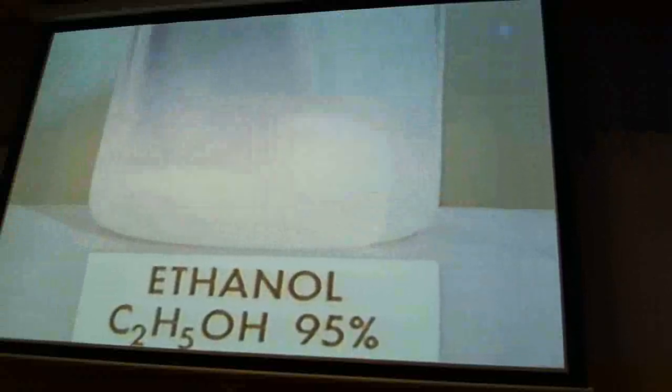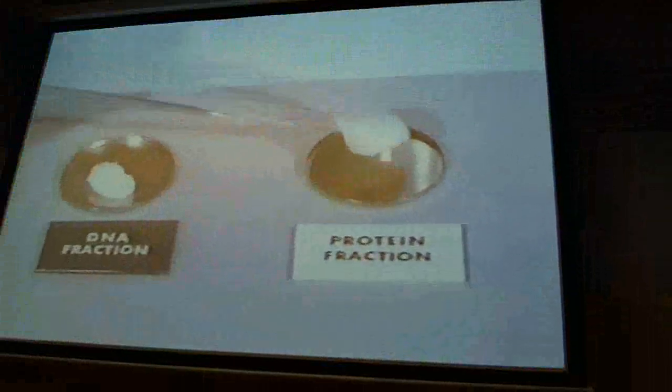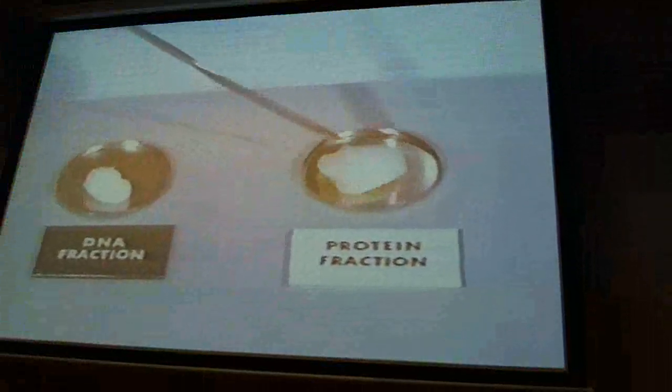These threads of DNA material can be readily collected on a glass stirring rod. A sample of the DNA fraction is removed for measurement of its radioactive content. The protein pellet is retrieved from the centrifuge tube.